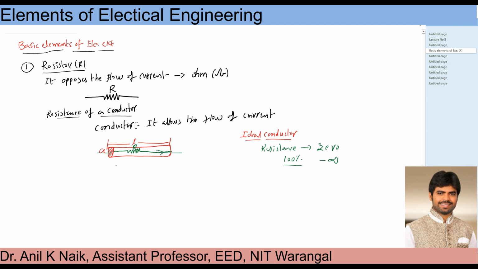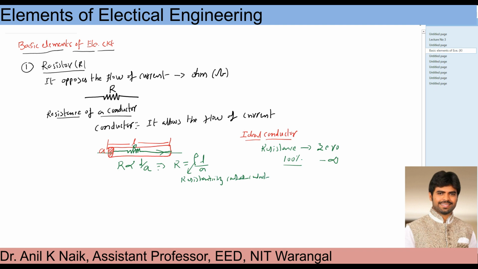Then the resistance of this conductor in relation with the cross-sectional area and length is: R is directly proportional to length upon cross-sectional area. If you remove the proportionality sign, the resistivity constant comes in: R equals rho L by A. Rho is called the resistivity constant of the conductor.